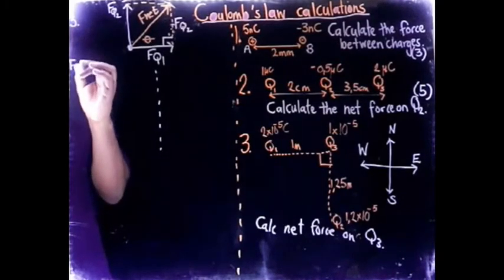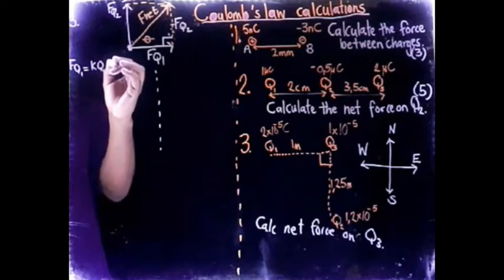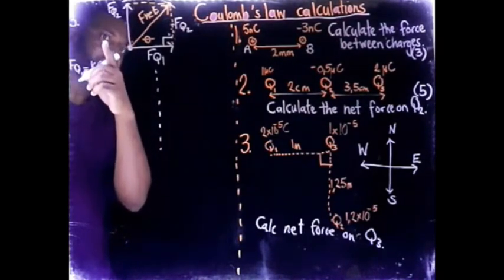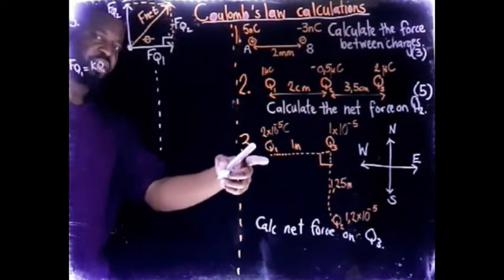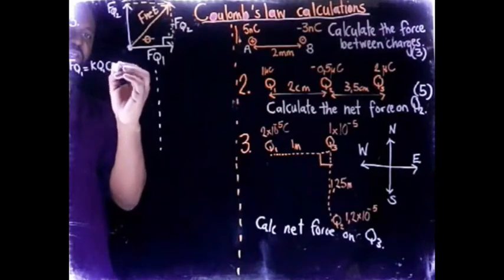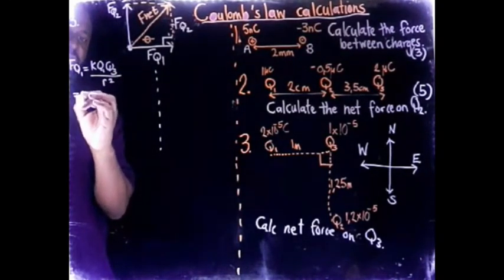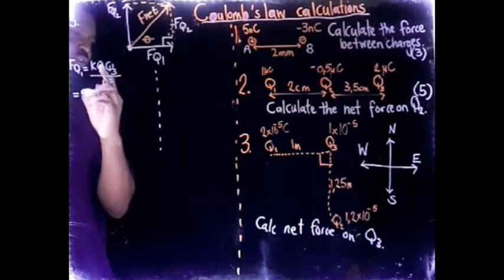So let's start with force Q1, the one going that way. K Q1 times Q3 all over R squared. The K is 9 times 10 to the power 9.